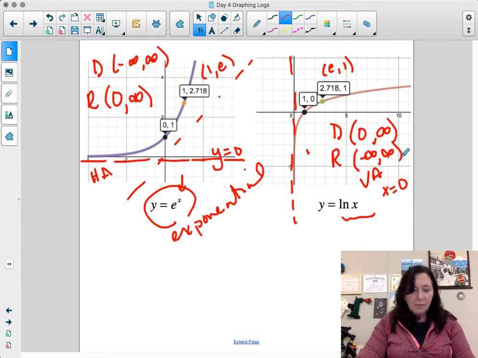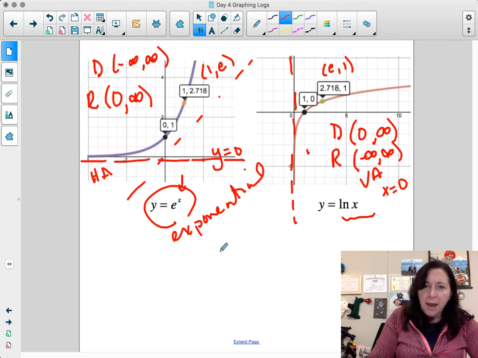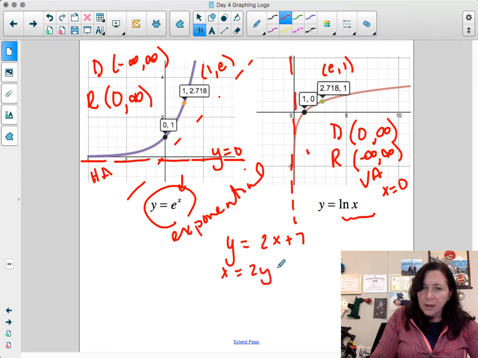Now, just a couple of things that I want to talk about right here on this slide. Remember when we were talking about inverses in the previous video lessons? If you were to graph, let's say, y equals 2x plus 7, and I were to take the inverse of that, remember I would flip my x and my y, so I'd have x equals 2y plus 7, and then I would solve for y.